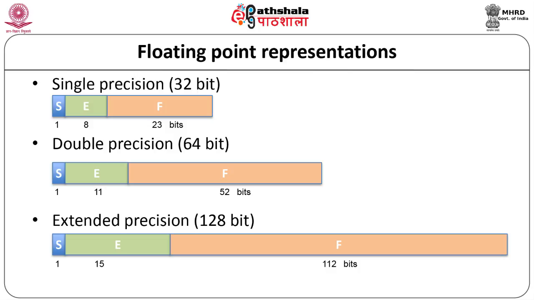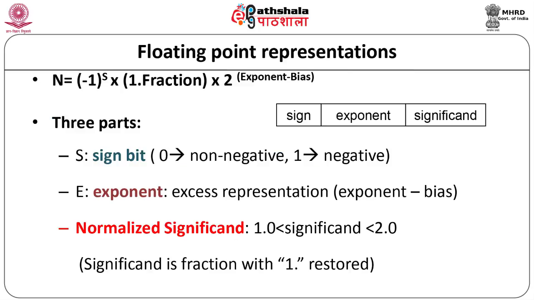But unlike integers, IEEE values are stored in sign magnitude format. The normalized floating point binary number can be represented as n equals -1 raised to s times 1 point fraction times 2 raised to exponent minus bias. There are 3 parts.